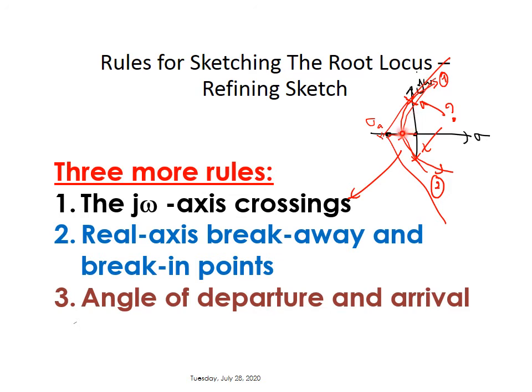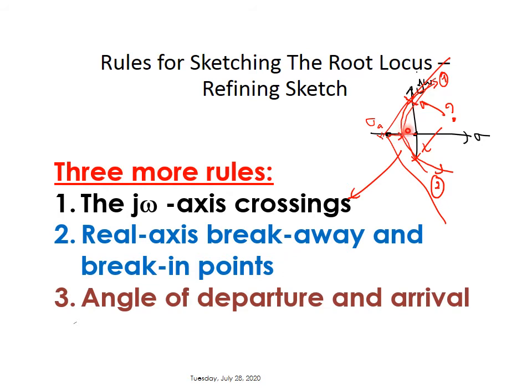And then the third one is basically the angle of departure and arrival. So this angle here, basically there is a departure angle which allows us to calculate the tangent of this curve, at which this curve will depart from the break-in or breakaway point. So this is what we call the breakaway point, right? So the angle at which this branch will depart is what we call the angle of departure or arrival.